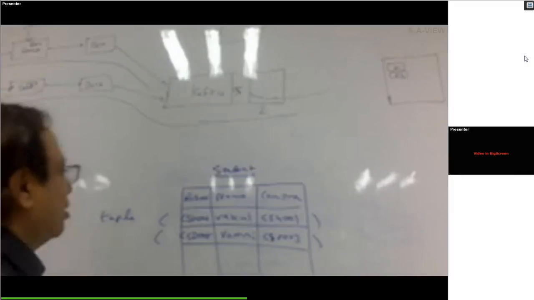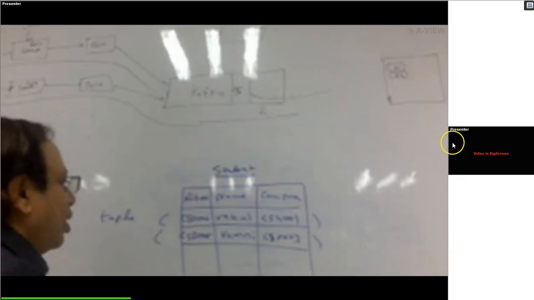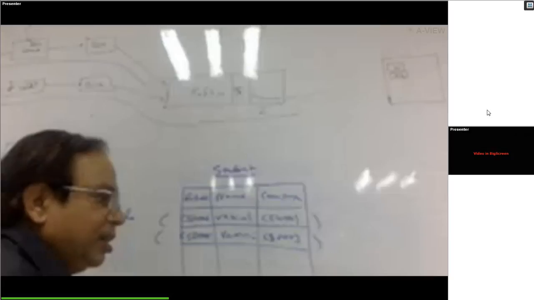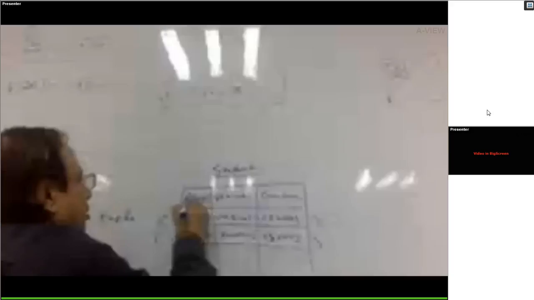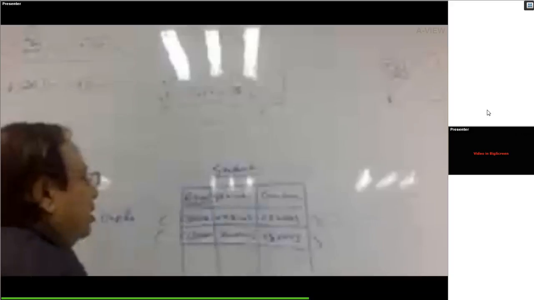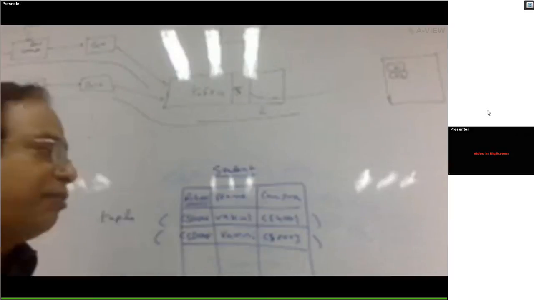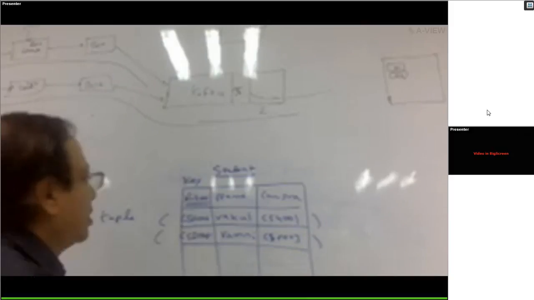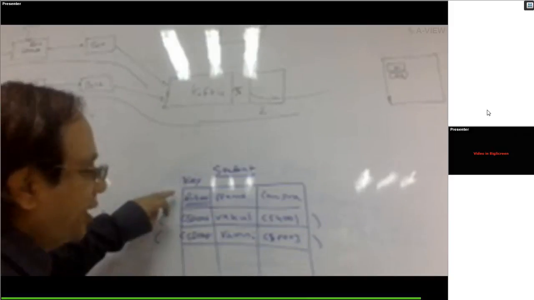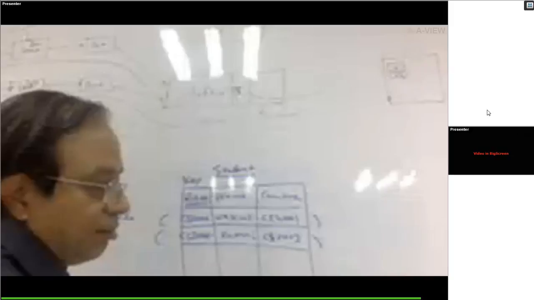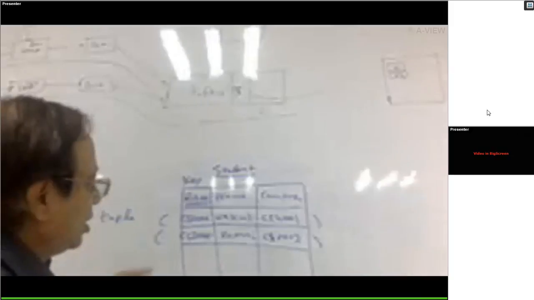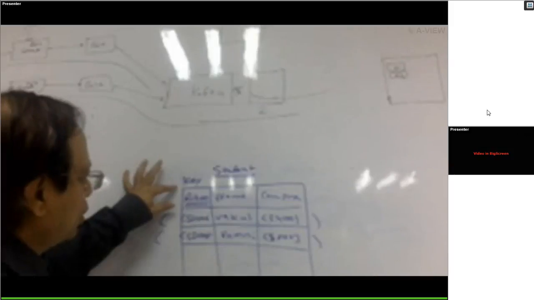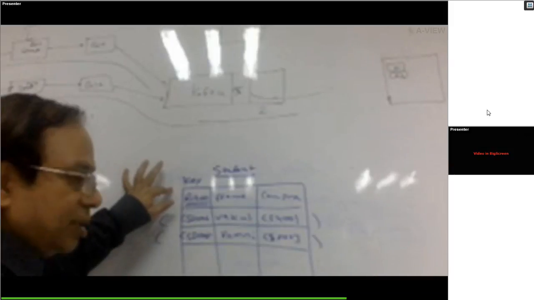For example, one of the ways you can uniquely identify each tuple is by using the roll number. If there is a unique way of identifying each of these tuples, that is basically called the key. So each relation can have a key attribute. The key attribute uniquely identifies the tuple.